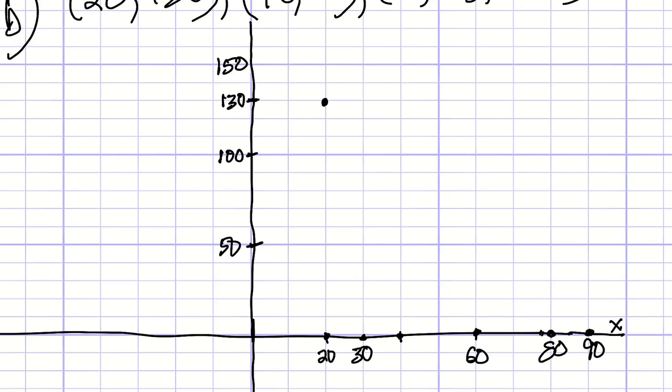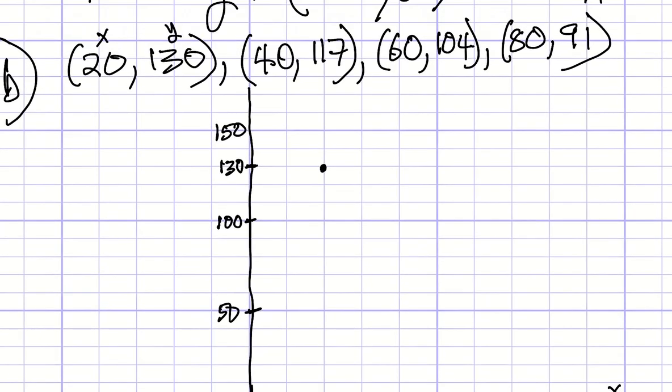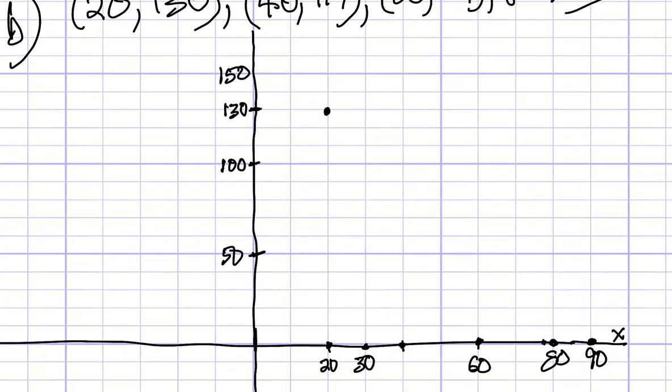Let me see, 20, 40, 50. Okay, so then what is that in 117? This is 100 here. So each unit, each 1, 2, 3, 4, 5, is about 10. So 117 will be around somewhere here.